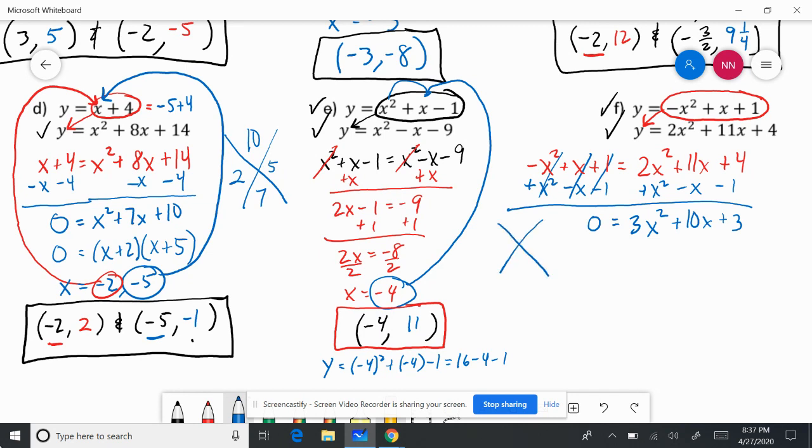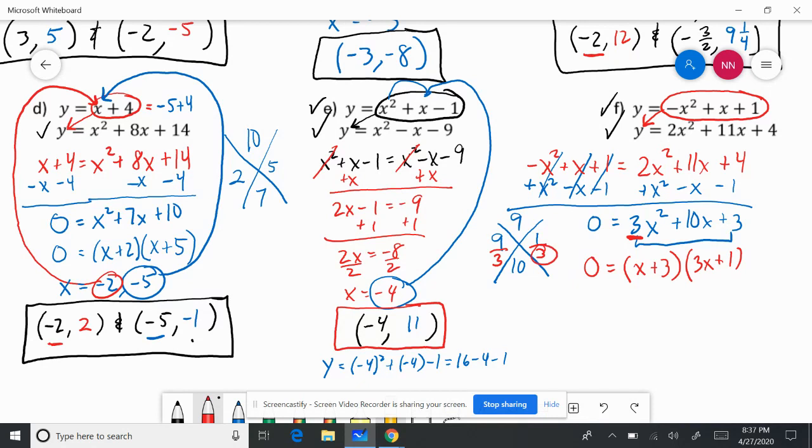I'm looking for two numbers that multiply together and give me 9 and add up to 10. That would be 9 and 1. Remember, because we have a leading coefficient of 3, I'm dividing each of these by 3. So I have 0 equals 9 divided by 3 is 3, x plus 3, and the other one is 3x plus 1.